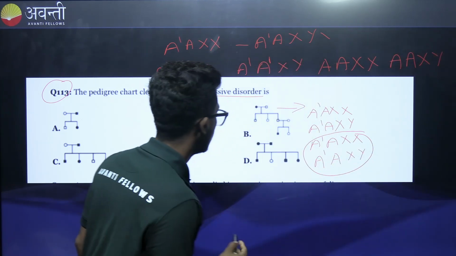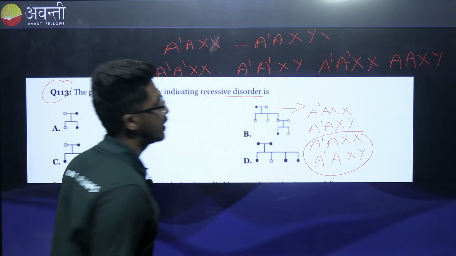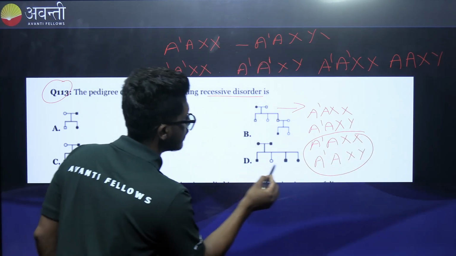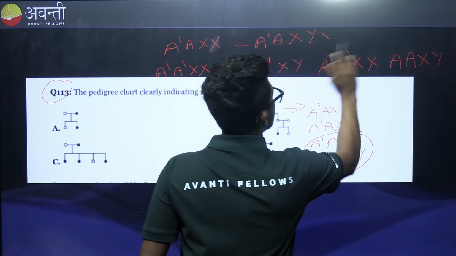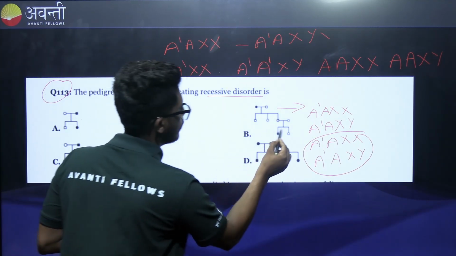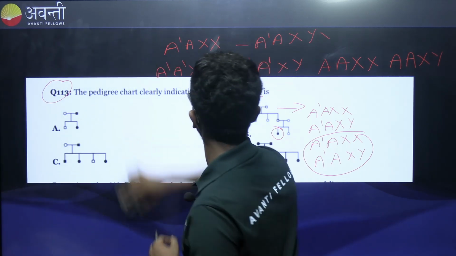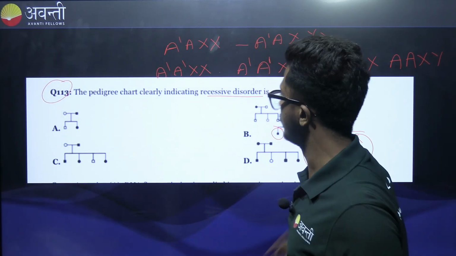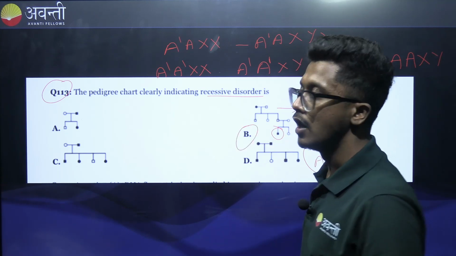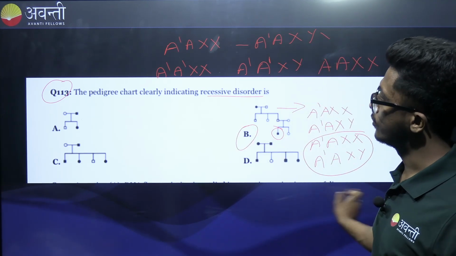Here you can see that the female would be affected. That is why this disease is a representation of a recessive disorder. The option is option B for this question. Okay, let's go for the next question.